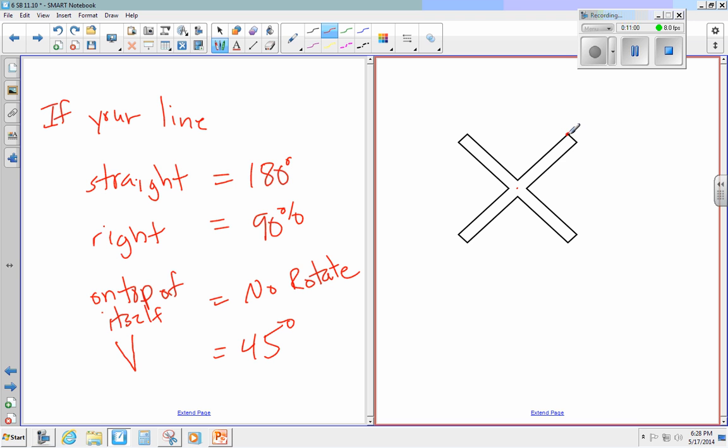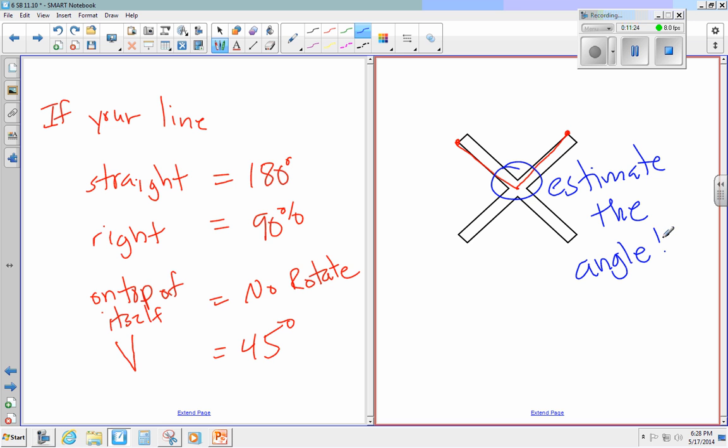This point here could match up with this point here. And if it does, you draw a straight line from the center of the shape to the point, center of the shape to the point again, and estimate the angle. All right, I would estimate this as a 90-degree rotation.